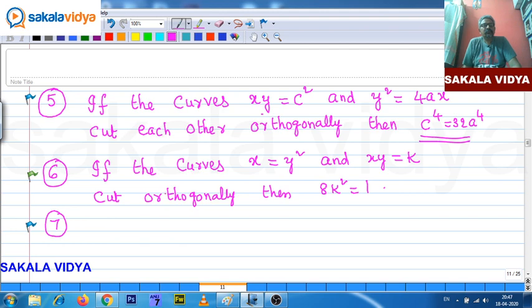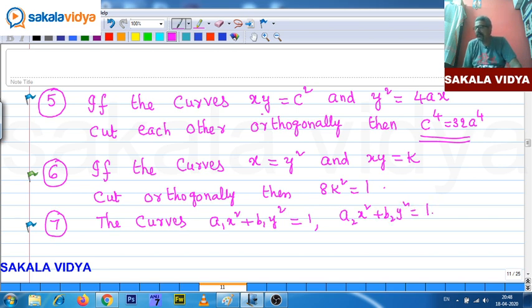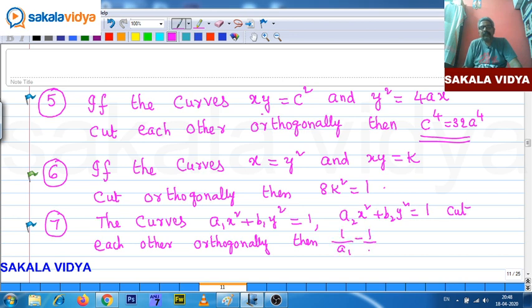So, now the curves a1x square plus b1y square is equal to 1, next a2x square plus b2y square is equal to 1, cut each other orthogonally, then the condition is 1 by a1 minus 1 by a2 equals 1 by b1 minus 1 by b2.